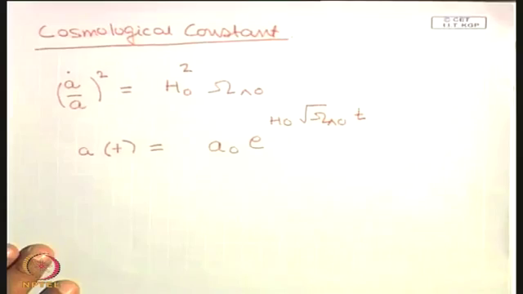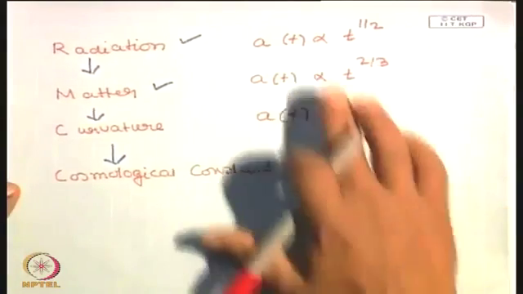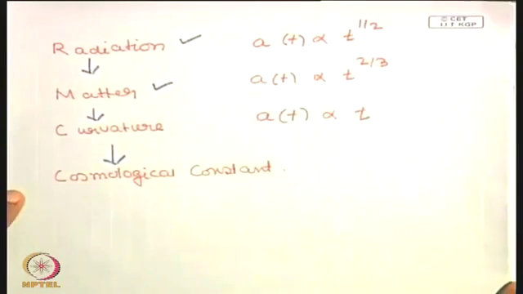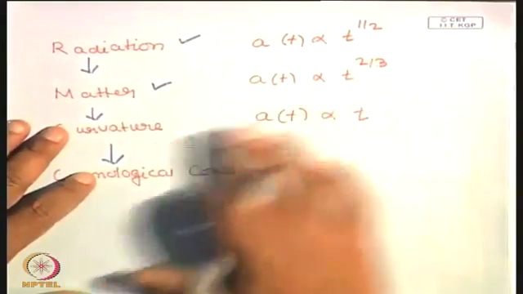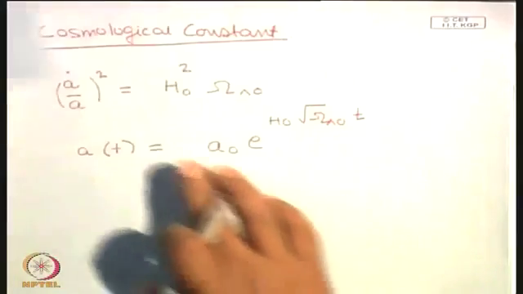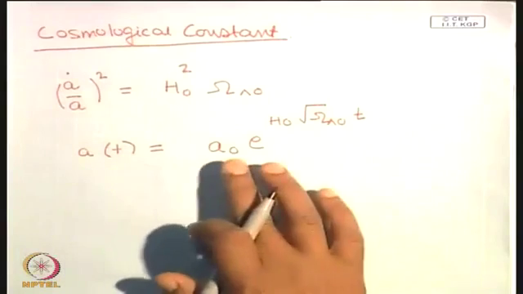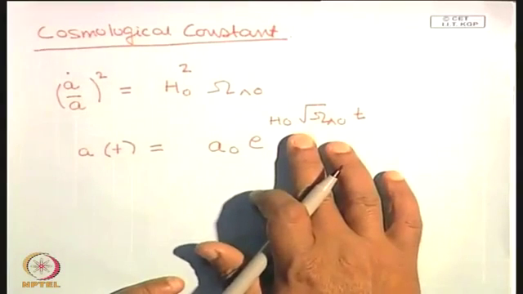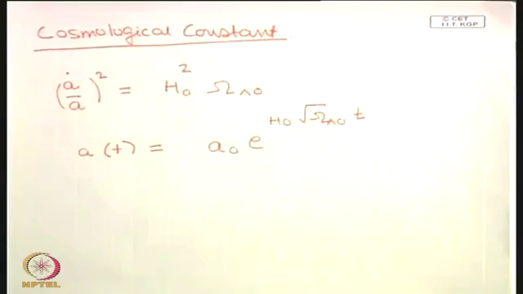For all of these other situations where gravity tends to slow down the expansion of the universe, we have power law solutions. For a freely expanding model it is proportional to t, whereas for the cosmological constant dominated model the scale factor is an exponentially growing function of time.